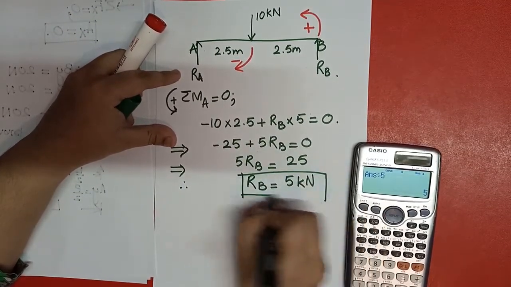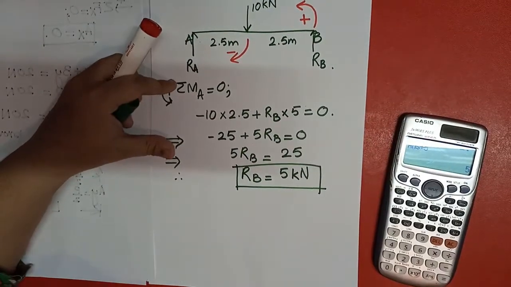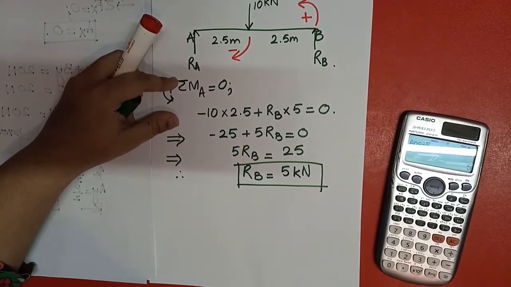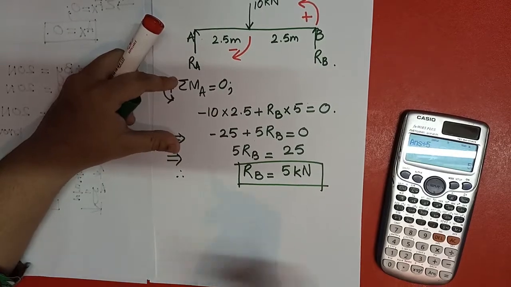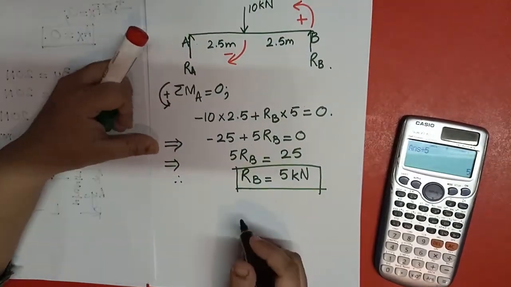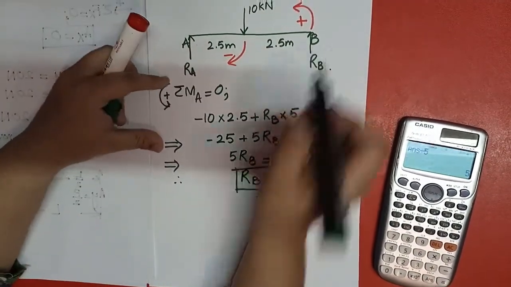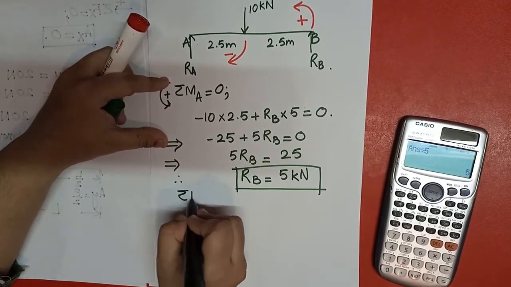Next, if you don't want to sum up vertical forces here, you can also calculate RA from the moment as well. For example, I am going to sum up the moment at B. So how can you sum up the moment at B?